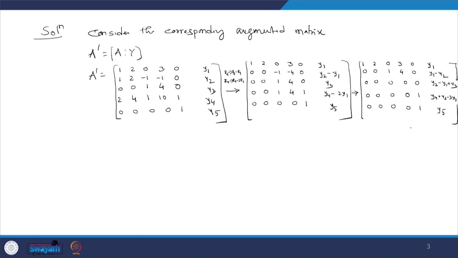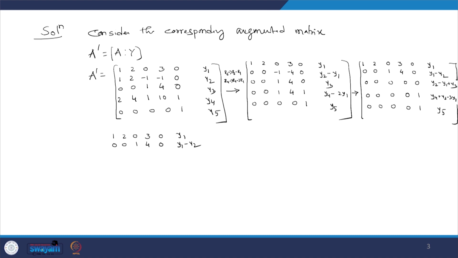So, what will I do? Again I have to do the next step. For that I am getting again 1, 2, 0, 3, 0, y1 and 0, 0, 1, 4, 0, y1 minus y2. And I will replace the fifth row by the third row and the third row by the fifth row.